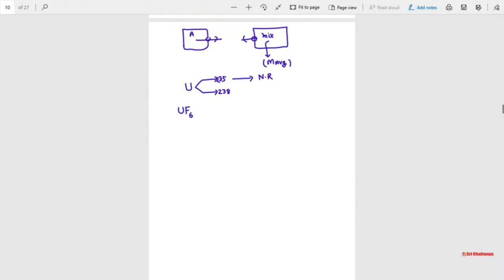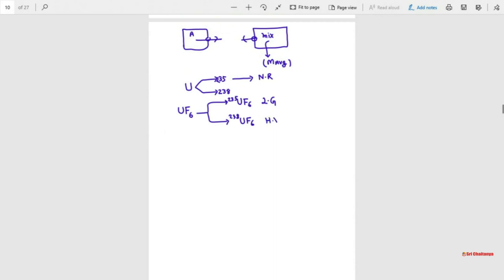Now this uranium hexafluoride is a lighter gas or a heavier gas. If uranium is 235, the mass number is 235, so this hexafluoride is a lighter gas with respect to uranium hexafluoride in which uranium is 238. So that is a heavier gas.